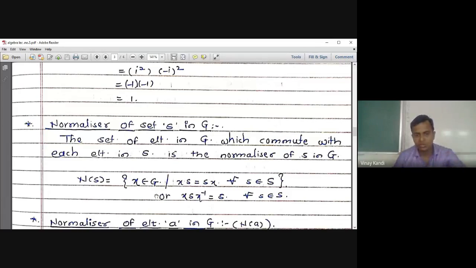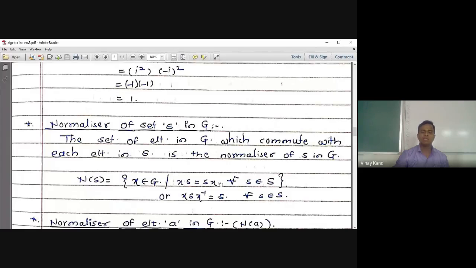Take x from G, which commutes with every element of the set S, such that xs is equal to sx for all s belongs to S. It means x commutes with every element in S. Post multiply by x inverse: x into x inverse gives e, so s is equal to x inverse.